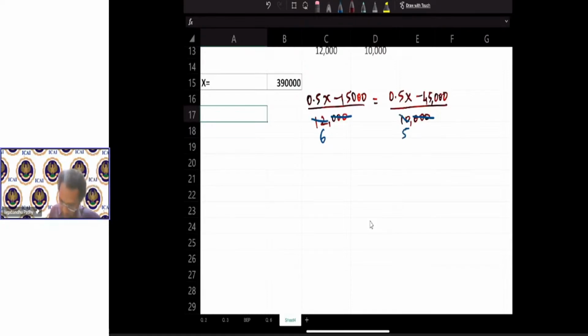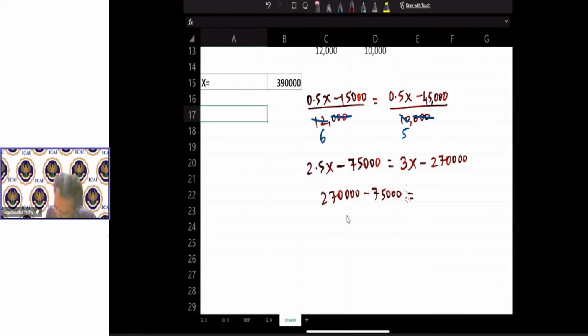So it further goes as 2.5x minus 15 into 5, which is 75,000, is equal to 3x minus 45,000 into 6, which is 2,70,000. So we have 2,70,000 minus 75,000 is equal to 0.5x.